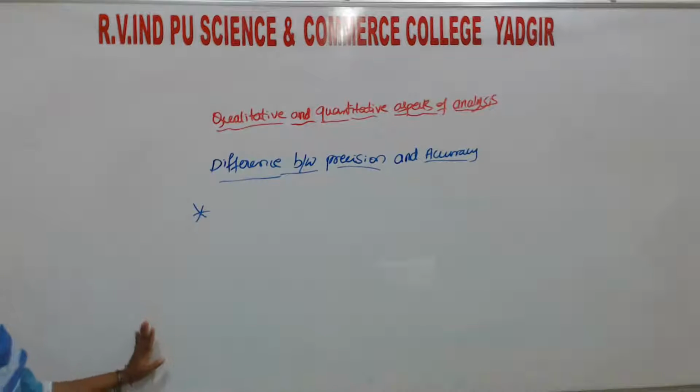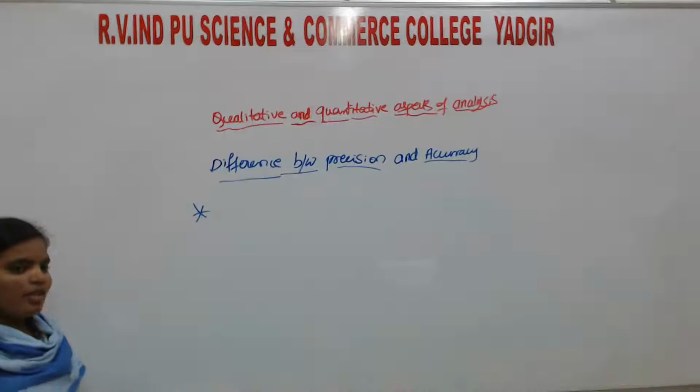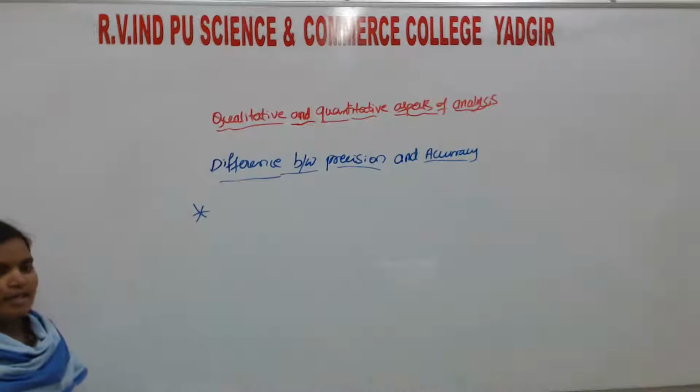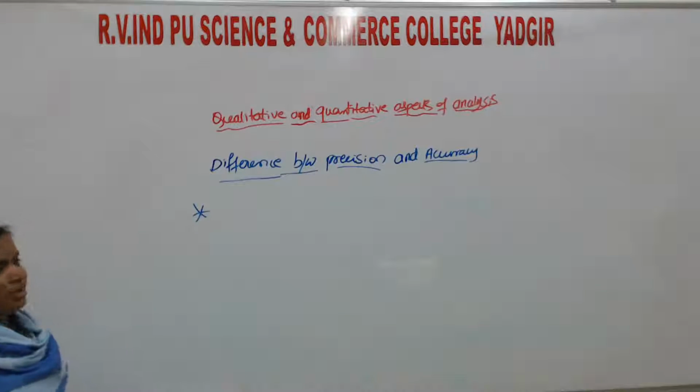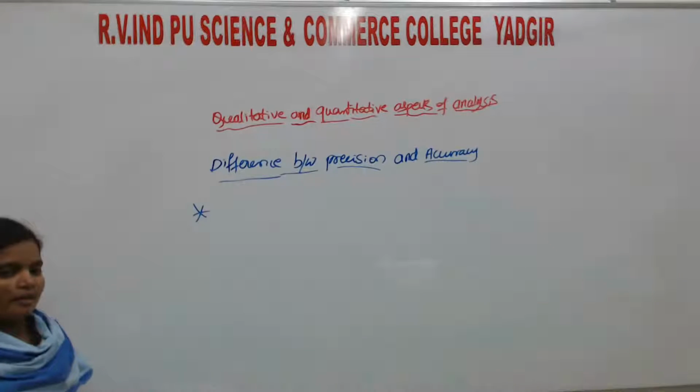The accuracy is the measure of the agreement between the experimental value and the true value of a given quantity. This is called accuracy.